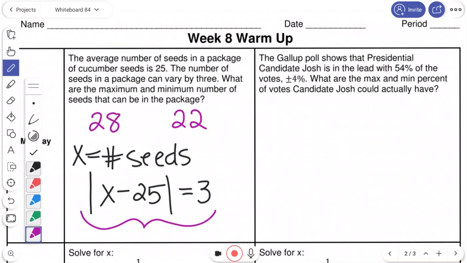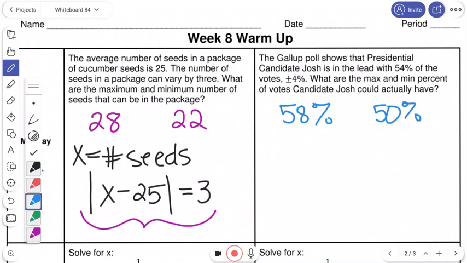It could be 4% more than that, or it could be 4% less than that. So if we start out saying 4% more of the vote, well, that maximum number of percentage points would be 58%, right? But if in fact they were wrong in the negative direction, 54% minus 4 would just be 50%. So he's going to have somewhere between 58 and 50% of the votes.